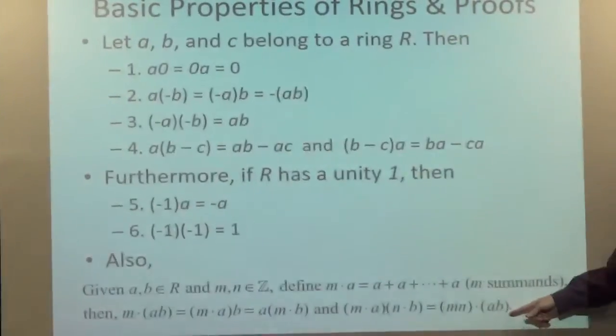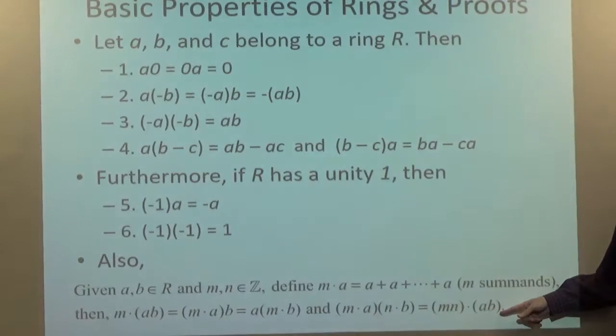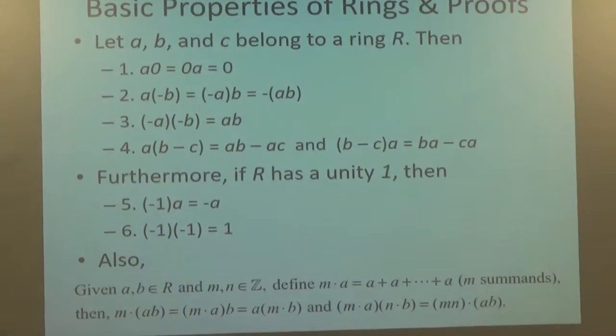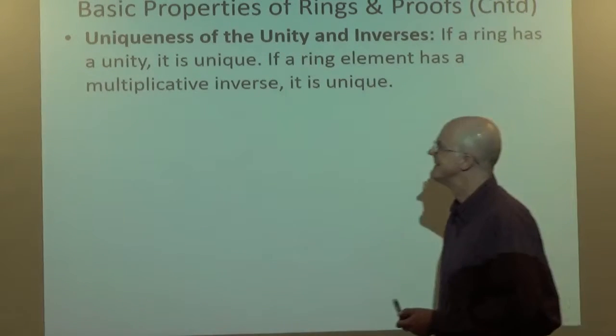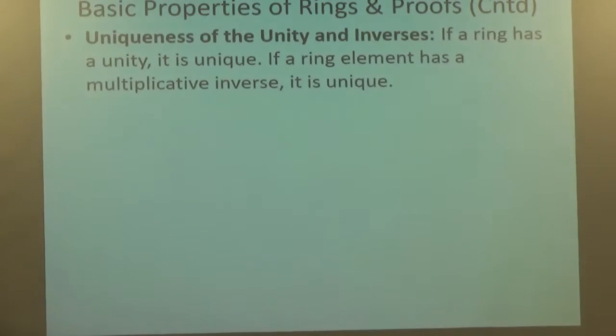And you can verify something like this too. If a ring has a unity, it is unique. If a ring element has a multiplicative inverse, it is unique. Which seems a little confusing when you think about that example that I mentioned where 6 was the unity of a certain subring of Z10.